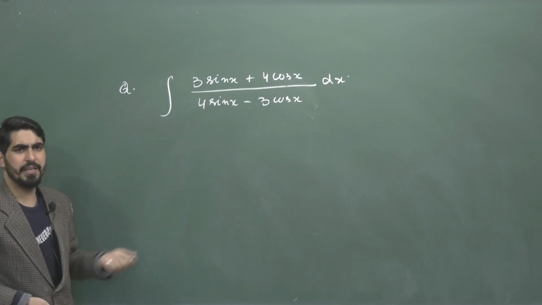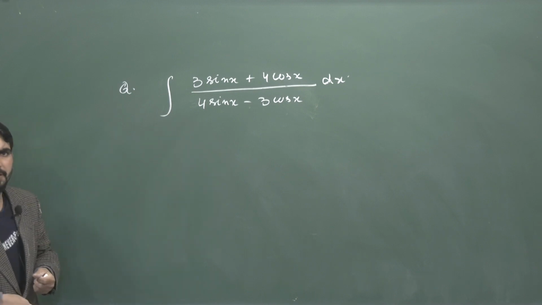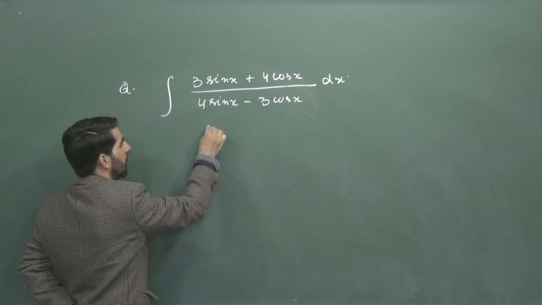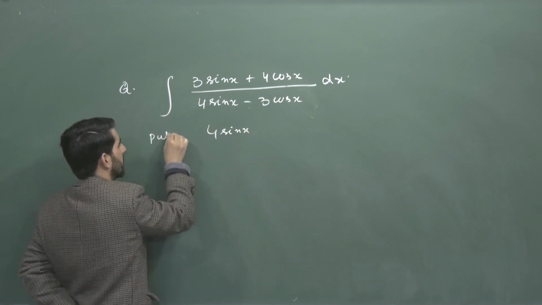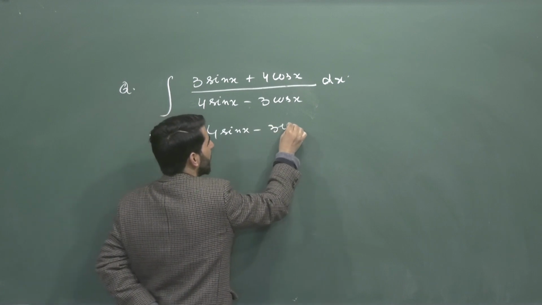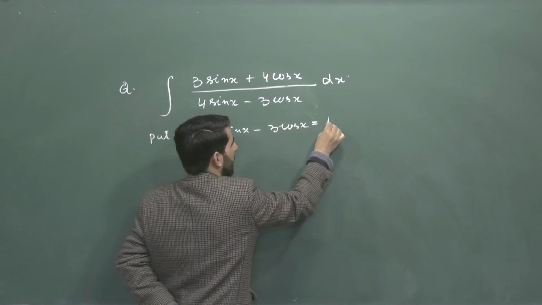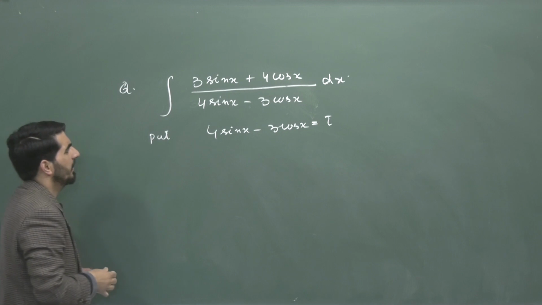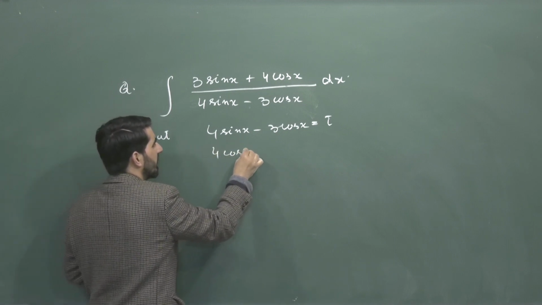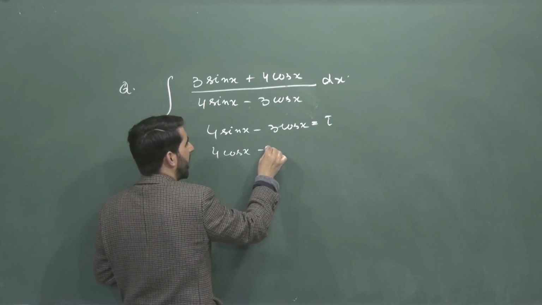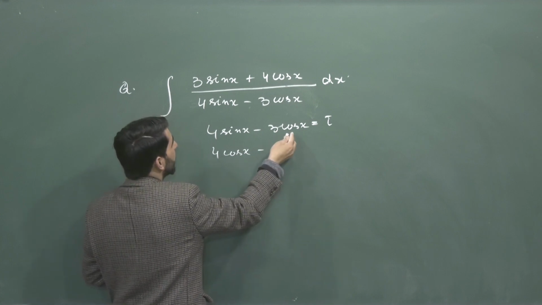So we have to choose the denominator equal to t. Thus we will put here 4 sin x minus 3 cos x is equal to t.